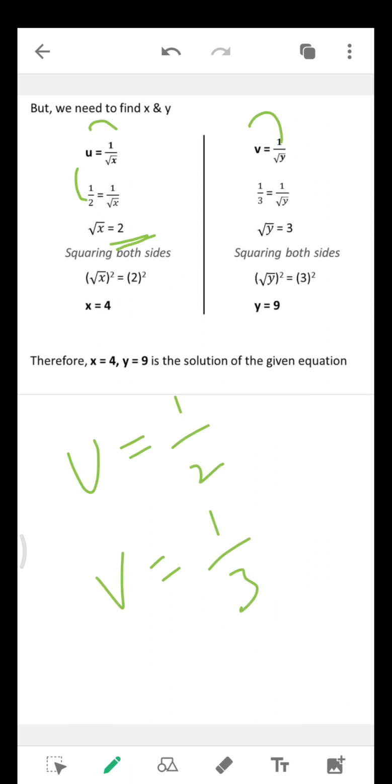Here I am putting v as 1 by 3, and cross multiply, root y is equal to 3. Now I don't want root in our answer, so I'll do squaring on both the sides. The root will be cancelled here and here, and I get x is equal to 4 and y is equal to 9 finally.